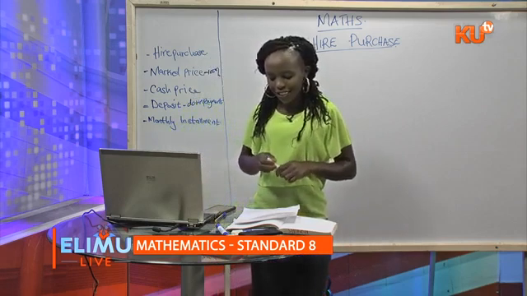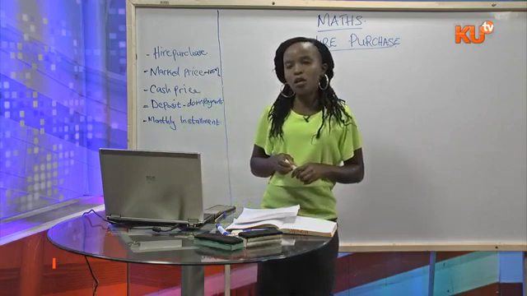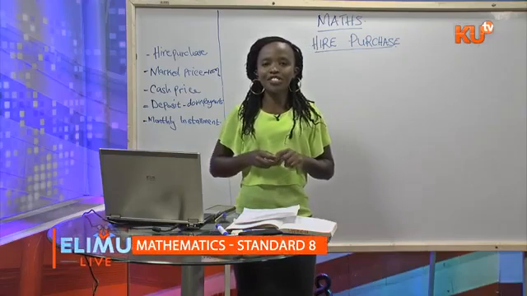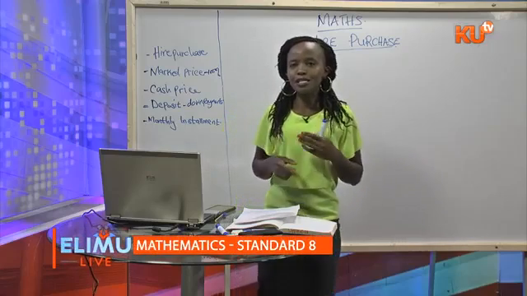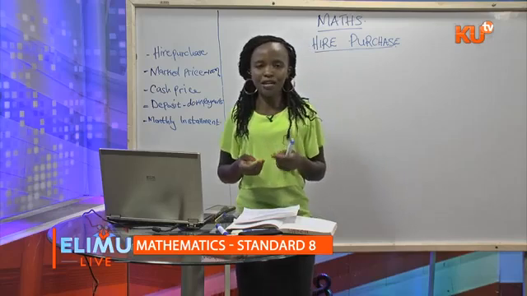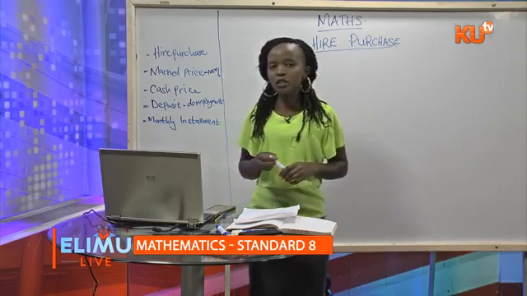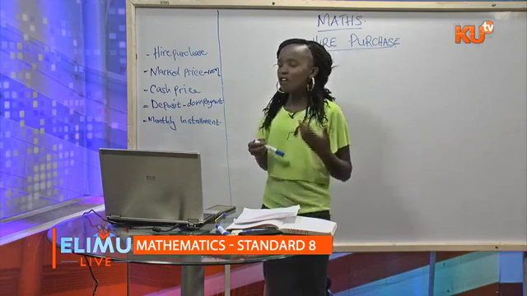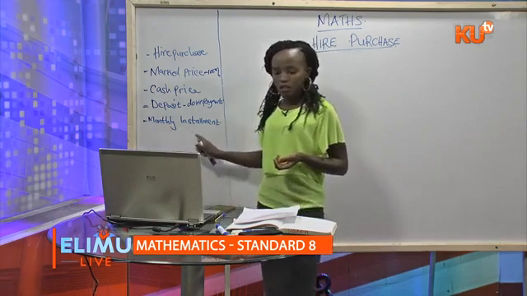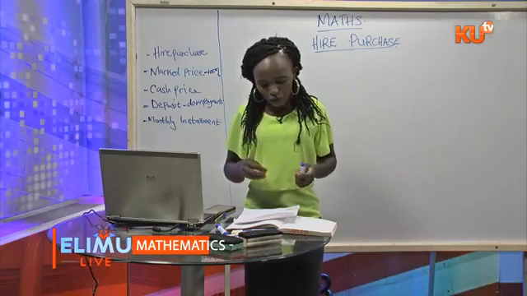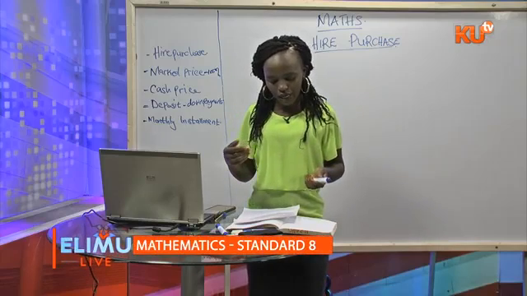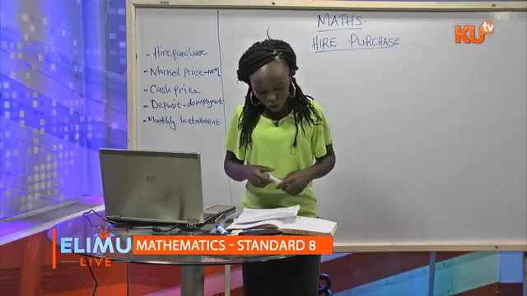This is the money agreed to be paid per month. In most cases with hire purchase, a person pays after every month. That money that you give every month is what we call the monthly installment. It depends on the amount that you have agreed with the person selling the item to you.